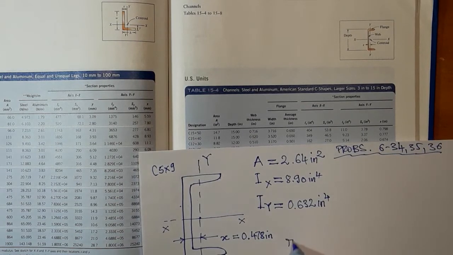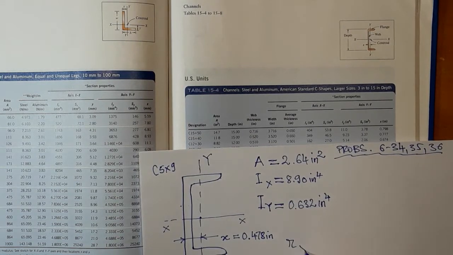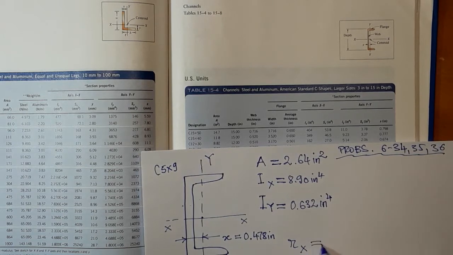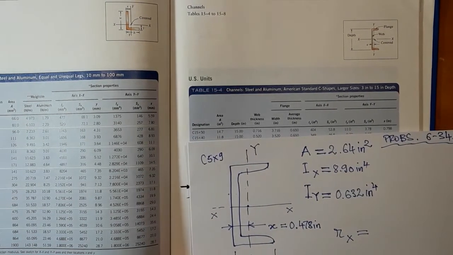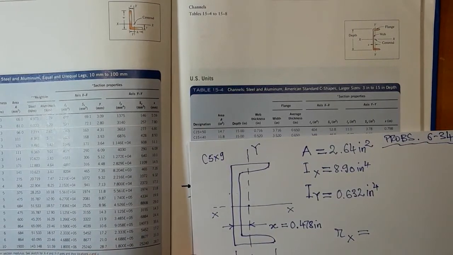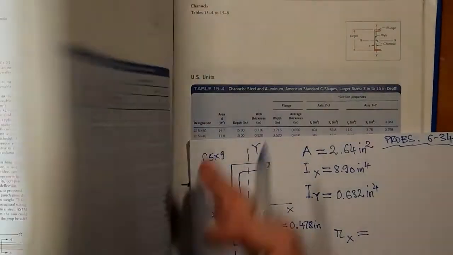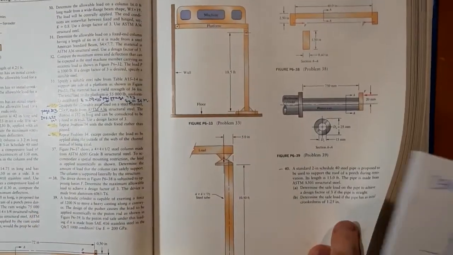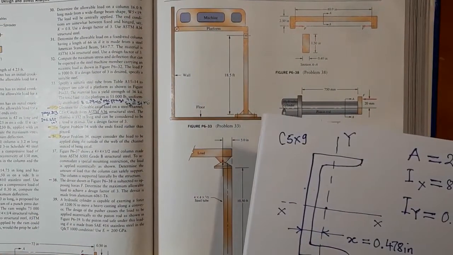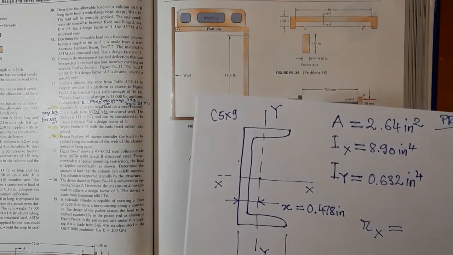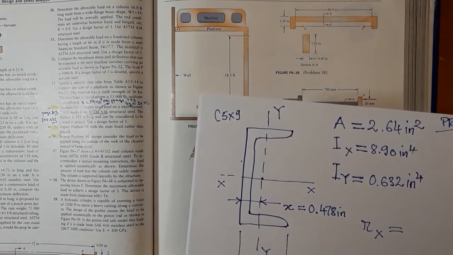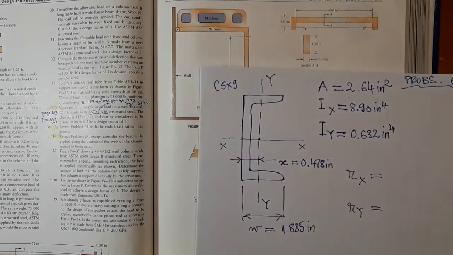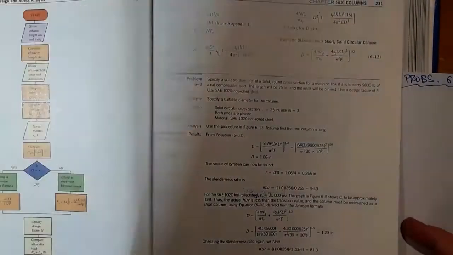We're going to calculate radius of gyration, Rx and Ry. The definition of radius of gyration is the square root of I about the respective axis over area, according to the book.